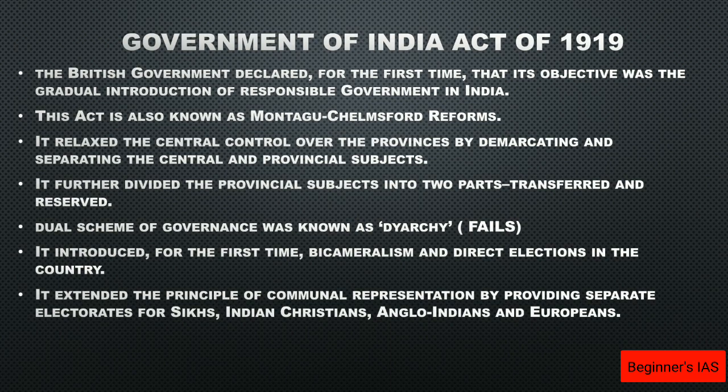The word diarchy was introduced for the first time in the Government of India Act of 1919. This is important, which means the transfer subjects were to be administered by the governor with the aid of ministers responsible to the legislative council, whereas the reserve subjects were to be administered by the governor and his executive council without being responsible to the legislative council.